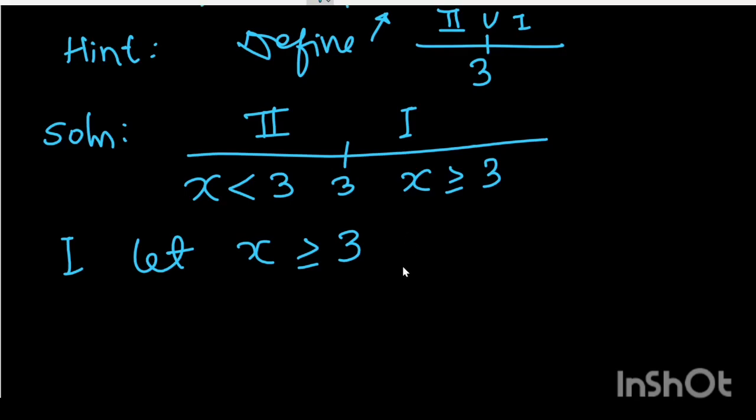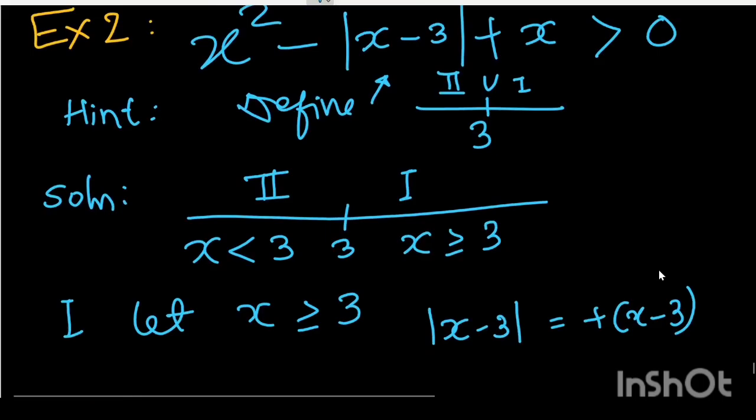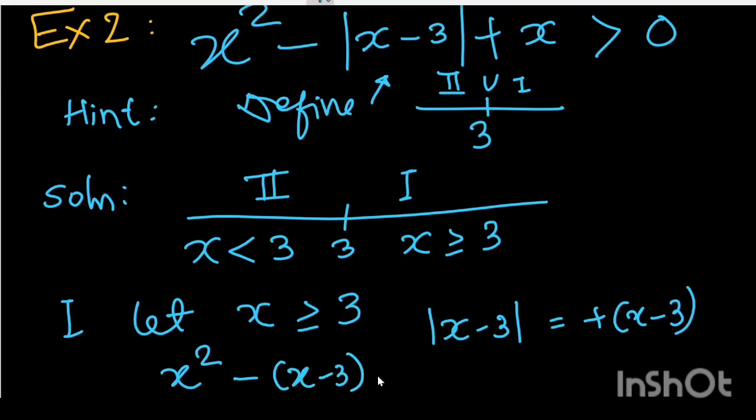So x greater than or equal to 3, mod x minus 3 would be defined as plus x minus 3. So in this question, x square minus x minus 3 plus x greater than 0.